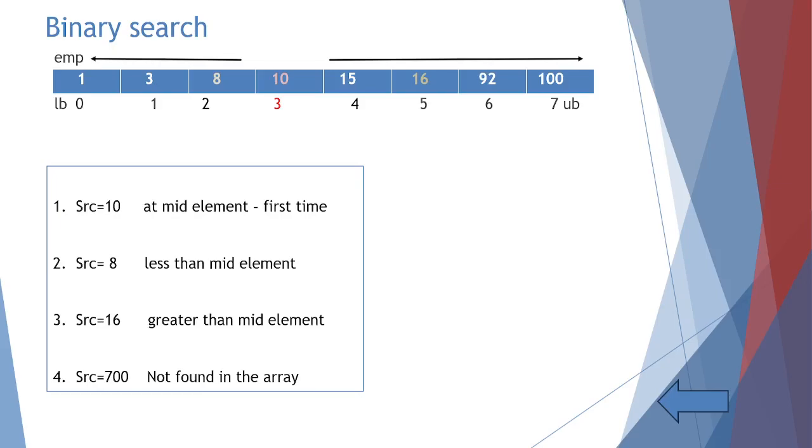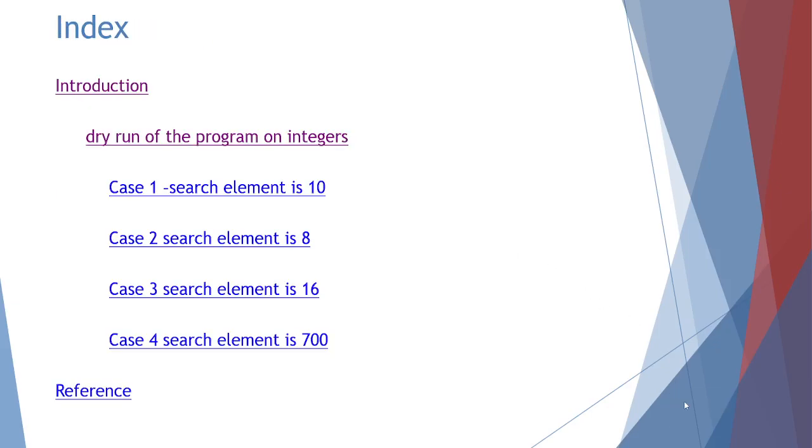Every time we run the program, the search element is at the mid element only, first time only. Search element is 8. That means less than the mid element. Search element is 16. That is greater than the mid element. 700 is not found in the array. We will understand with the help of these four.